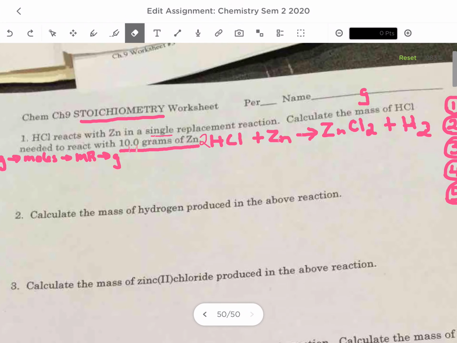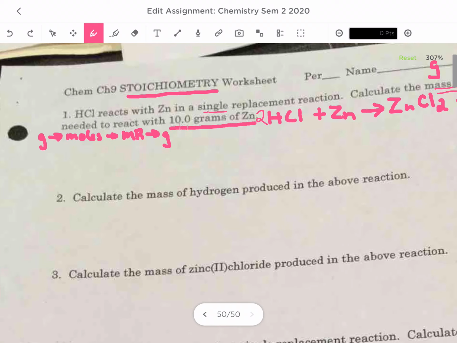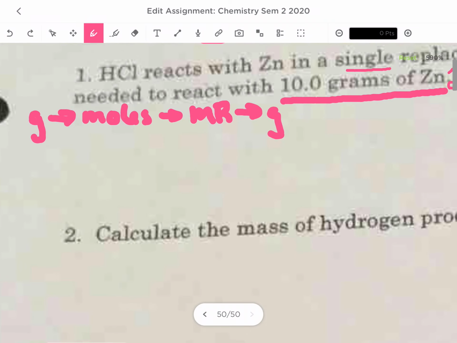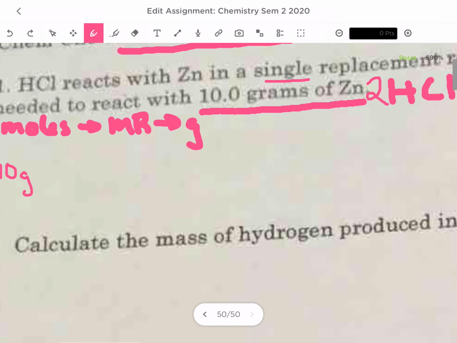So I erased my lines over here. This was double underlined. There we go. So we're starting with the number given. The number given is 10 grams of Zn.